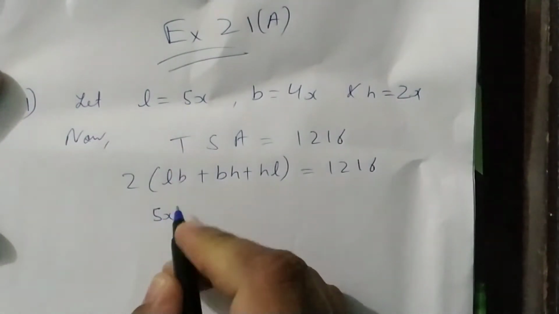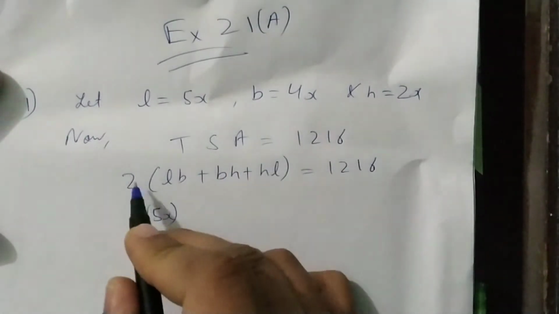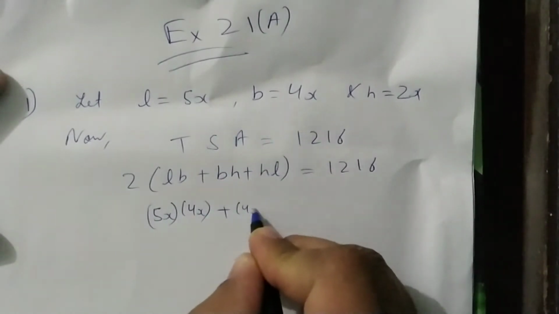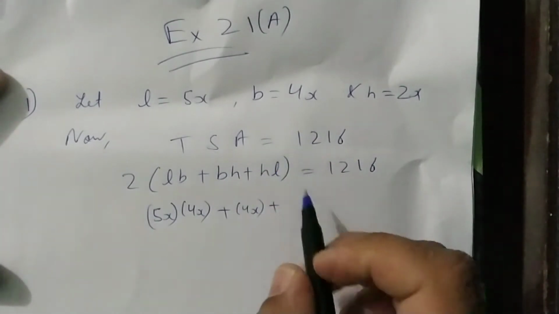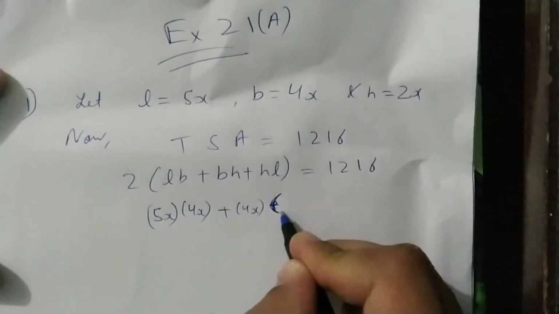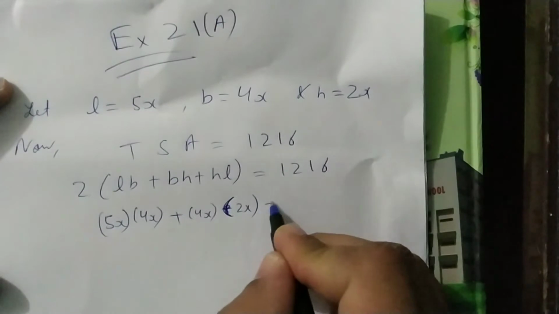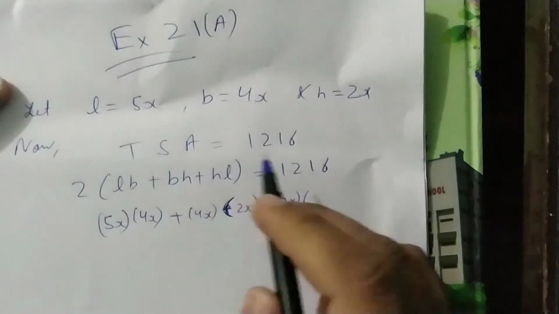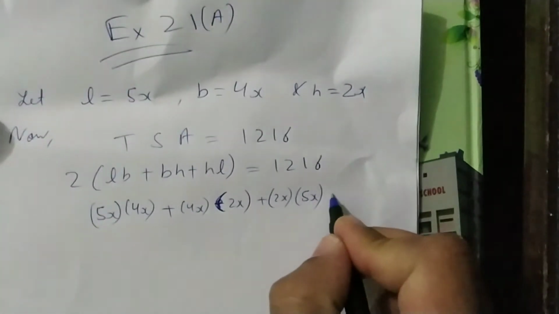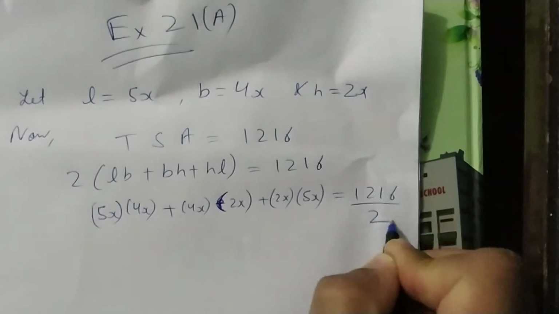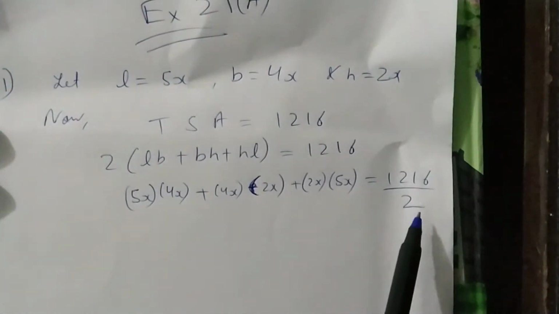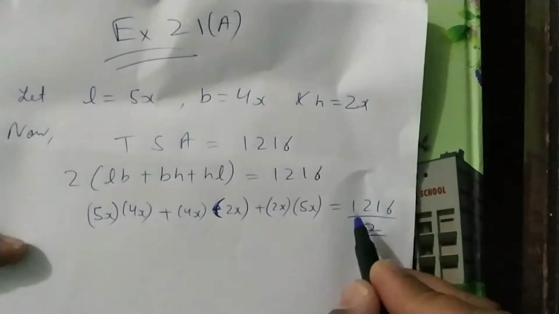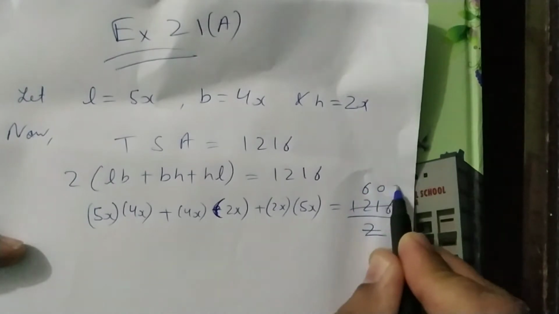Length is 5x multiplied by breadth, that was 4x, plus breadth is 4x multiplied by height 2x, then again plus height 2x multiplied by length, that is 5x. This is equal to 1216 divided by 2. So this 2 I have taken to that side, so this will be in division. So on dividing we will get 608.